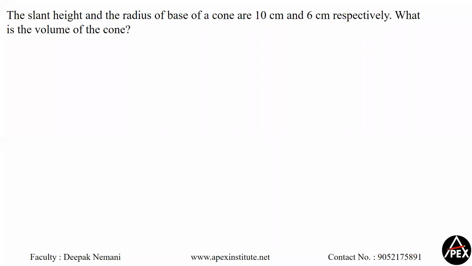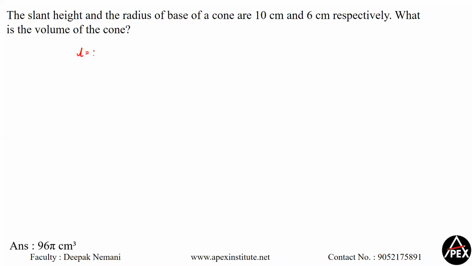Okay, so we have 301.7 unanimous answers. We have one answer as 905.14. Now let's see, 96 pi. Okay, so it's in pi. Then the slant height and the radius of base are 10 and 6 respectively.